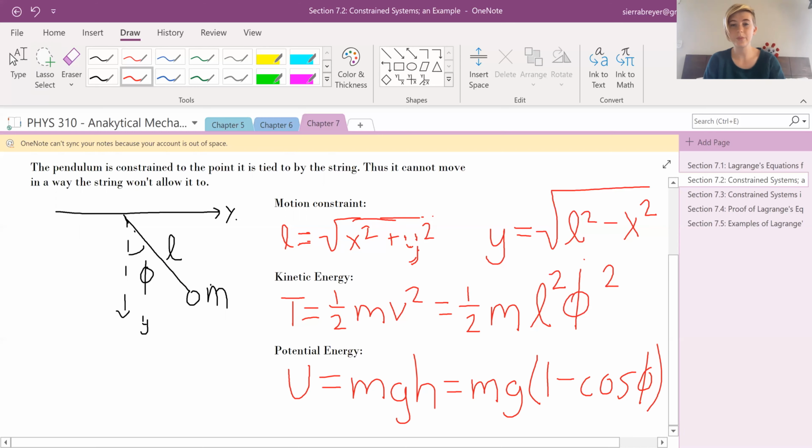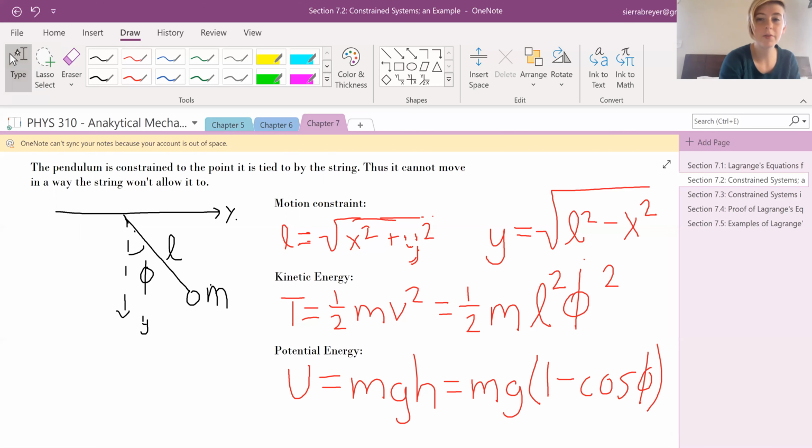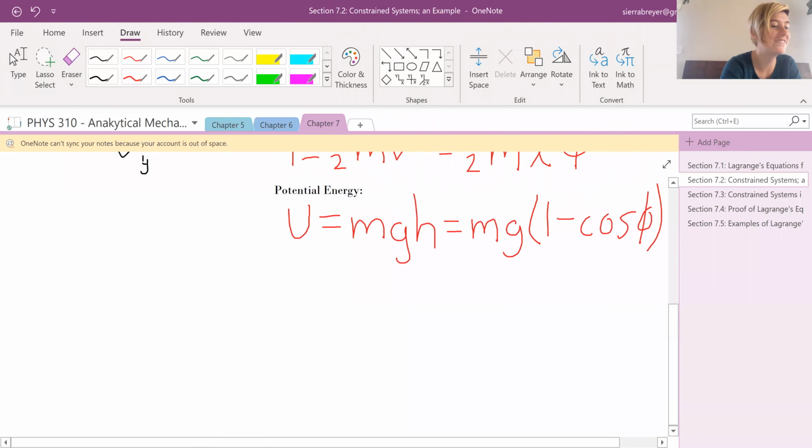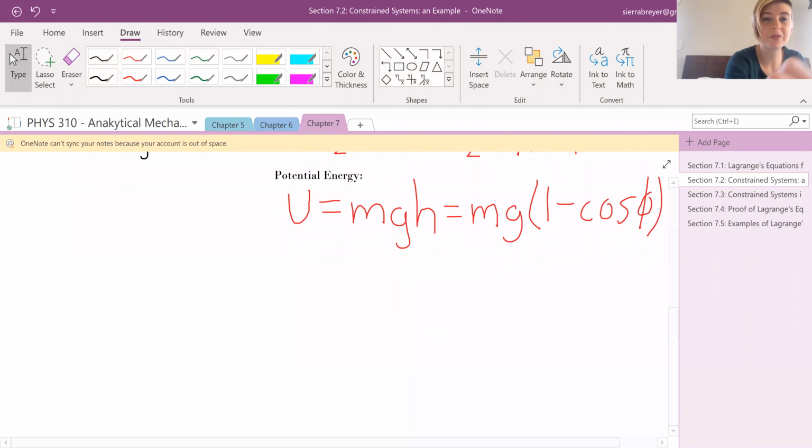That's some basic trig there. If you want, you can figure it out, or you could just trust me. But I'm going to go through this pretty fast because it's really simple.